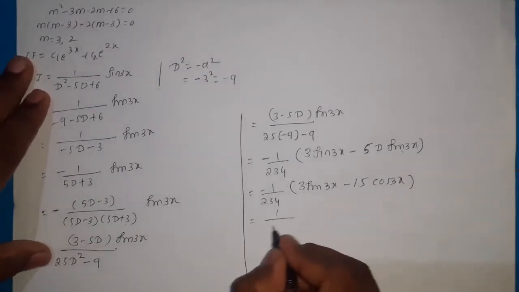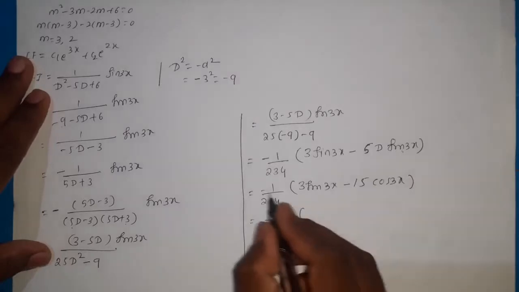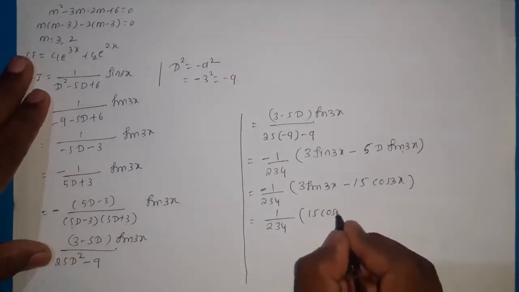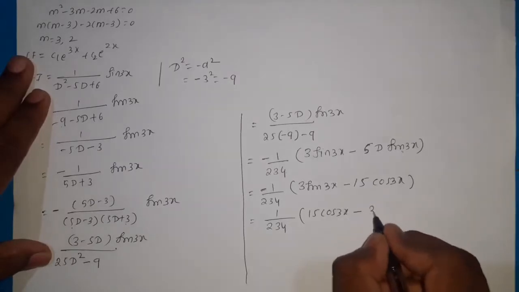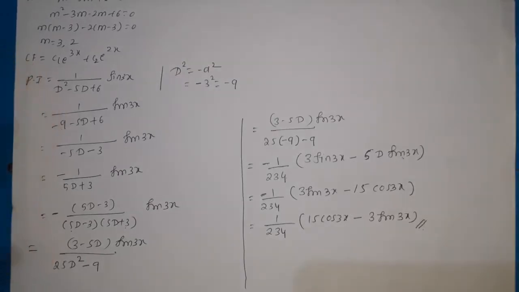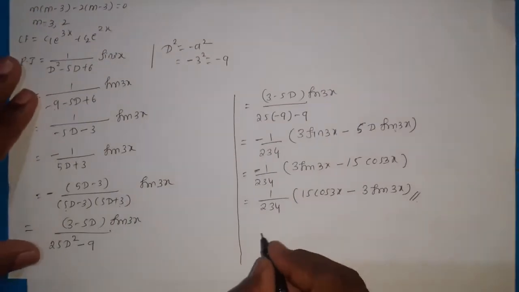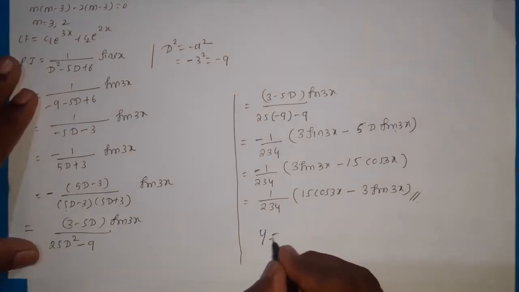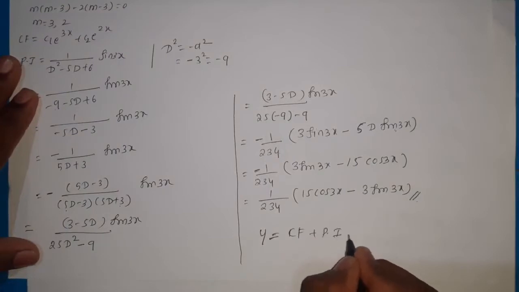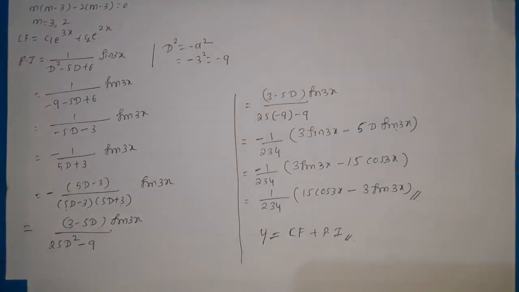So this is 1 divided by 234, multiplying with the negative sign, that becomes (15 cos 3x - 3 sin 3x), which is the required particular integral. And do not forget to write the complete solution: y is equal to the complementary function plus the particular integral.